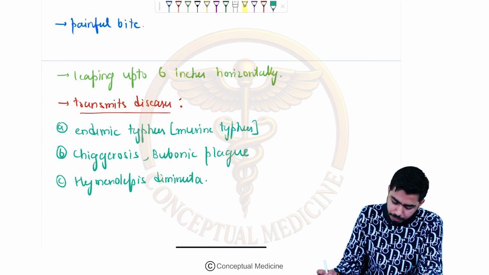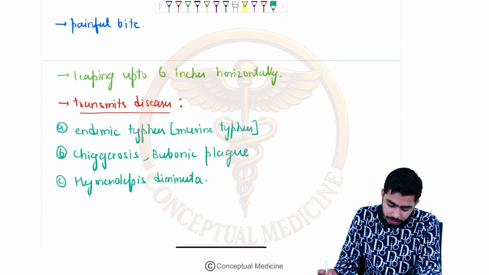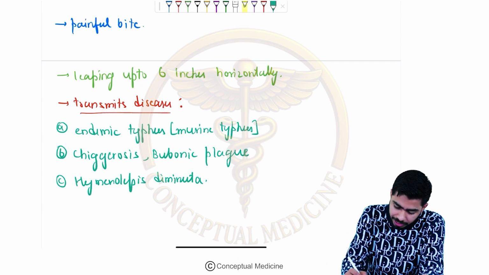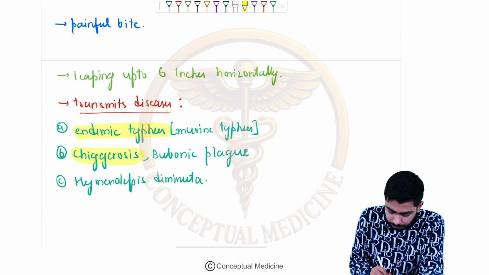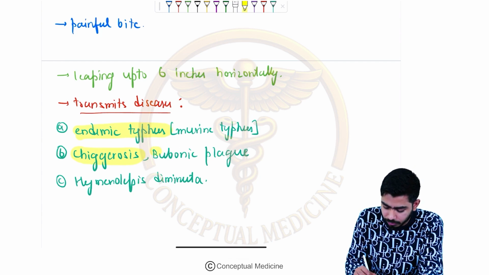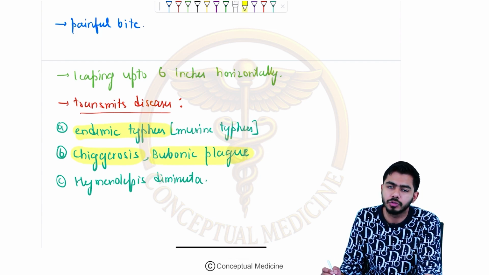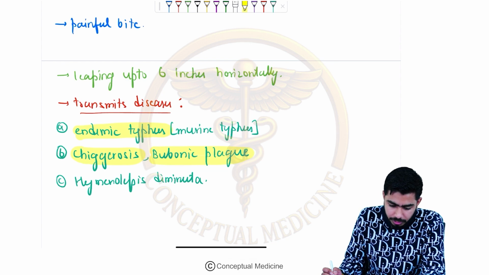Hymenolepis diminuta. Okay, so these are the diseases which you should remember, and a very important one is the endemic typhus or the murine typhus and the chigger osis, and obviously you will remember the plague, but this is the bubonic plague. So please do remember about these particular diseases, right?